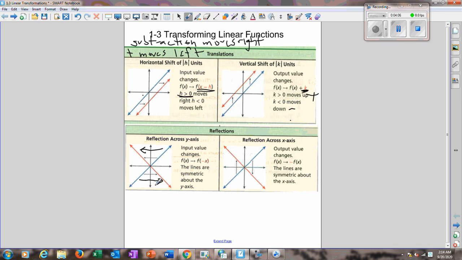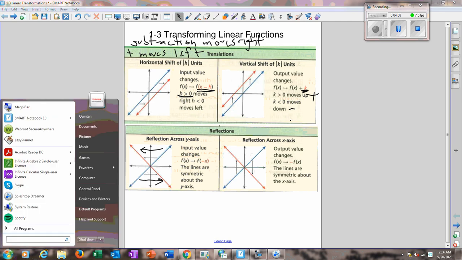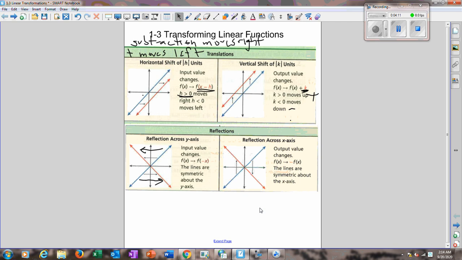So if I'm reflecting across the x, if I have a function, say x plus 3, if I have that function and I'm reflecting across the x, it means that I put the whole thing in parentheses and put a negative in front of it. Now I'm going to have to distribute that negative, and that becomes negative x minus 3.